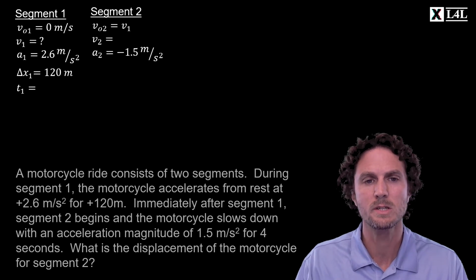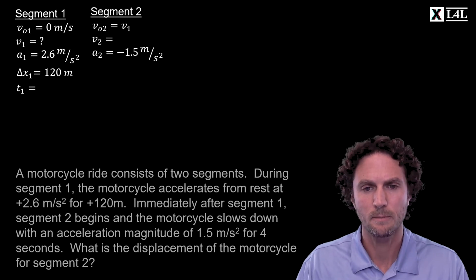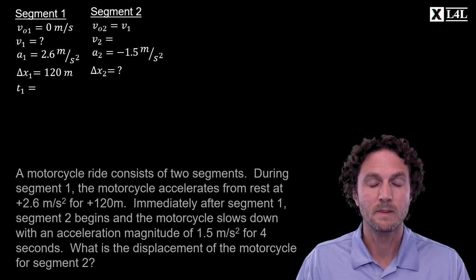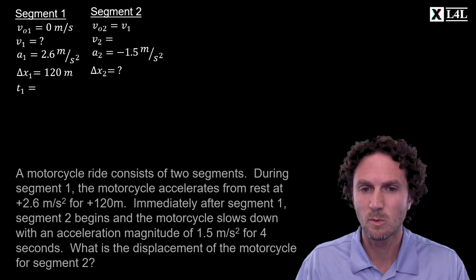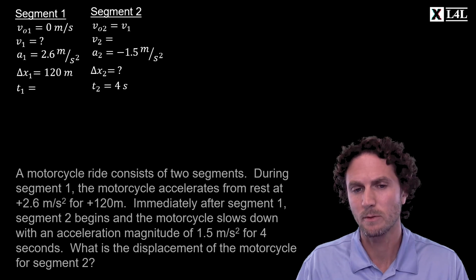So the acceleration 2 is negative 1.5 meters per second squared. The displacement for segment 2 is what we're trying to solve for, and the time for segment 2 is 4 seconds.